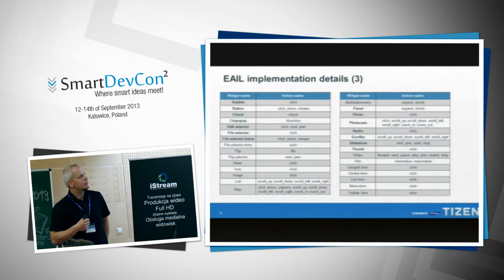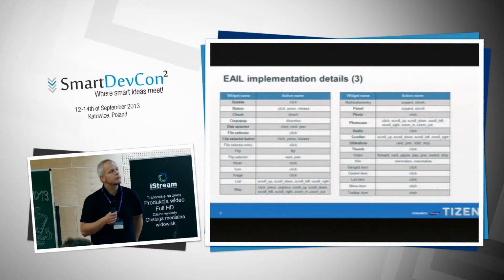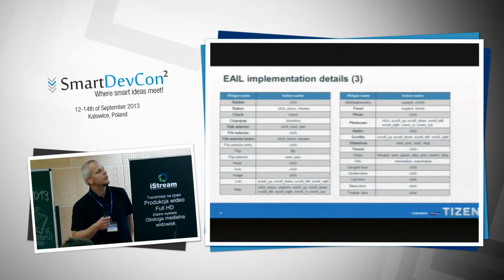What is more interesting for the list might be scrolling in every direction. For map, scrolling and zooming. And what is also very useful for video, we have actions to manipulate the video content. So move forward or rewind, play, pause, and so on.